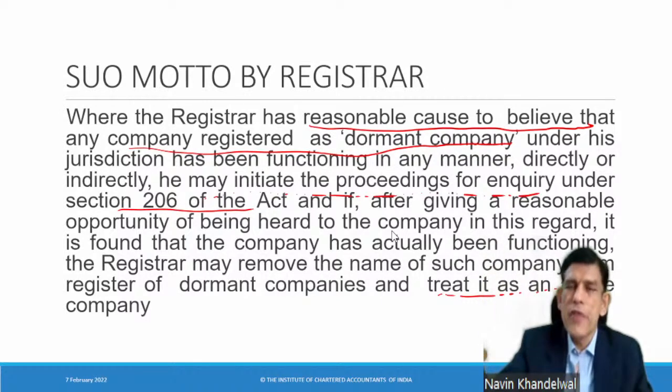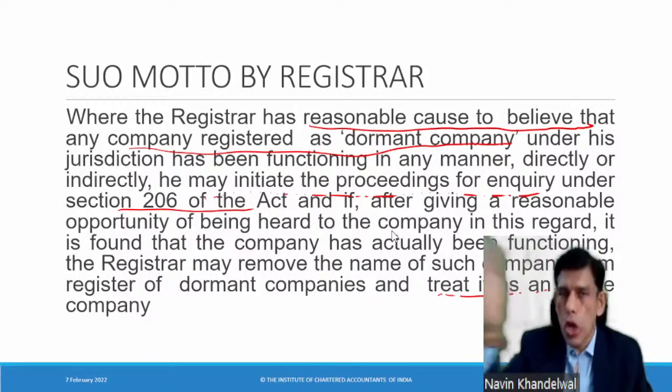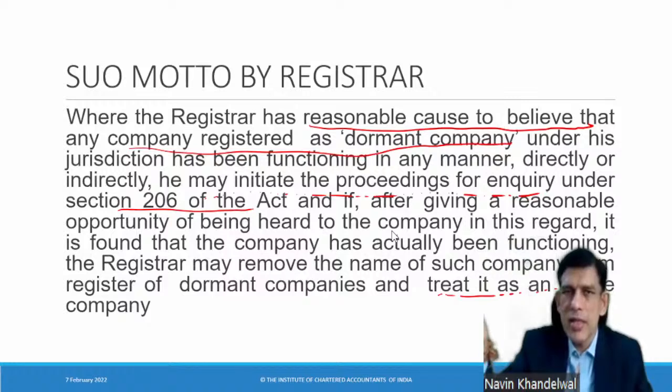Second, if you have entered into any transaction which has been mentioned in the application when you filed to obtain the status of a dormant company, which you should not, or you have mentioned that I will do this but you have not done that, then within 7 days.